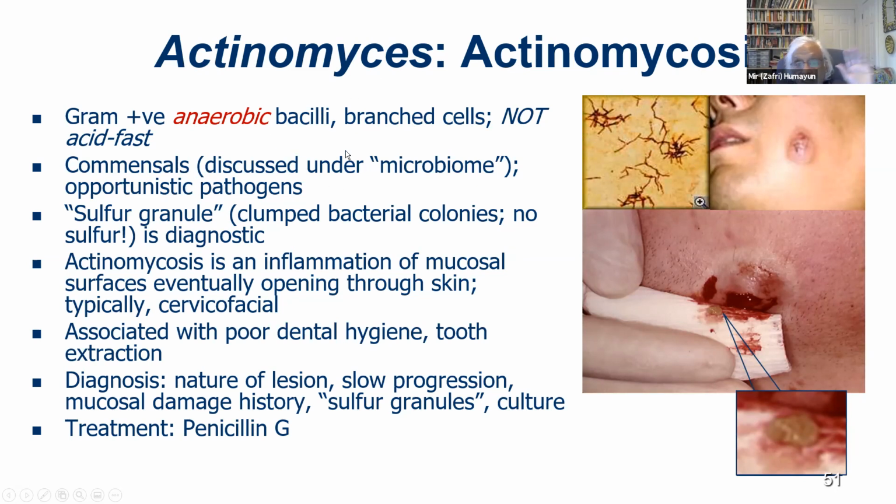It can be present in the environment. It can be present as a part of the normal mouth microbiome, for example. But like other opportunistic pathogens, under specific conditions, such as tissue damage, it can become an opportunistic pathogen. In fact, actinomycosis is an example of an opportunistic infection.